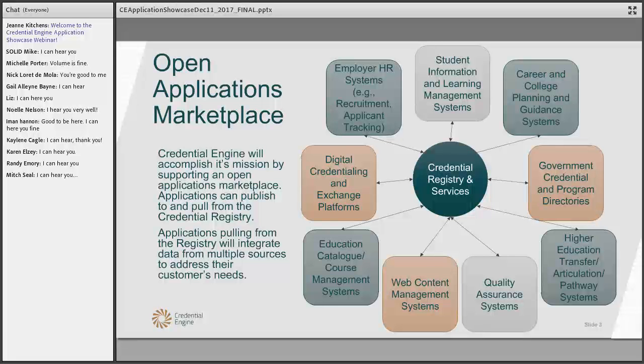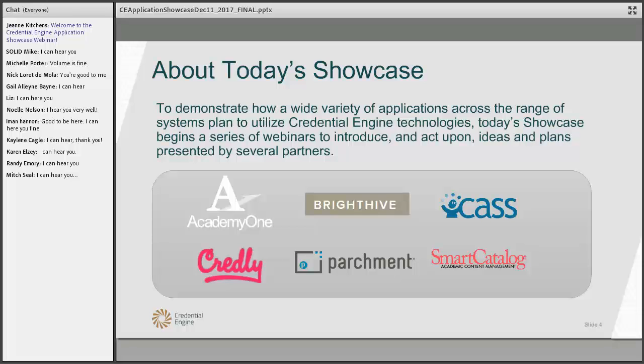So today, as part of our application showcase, we'll begin with presentations that will cover the range of these various types of applications and systems.